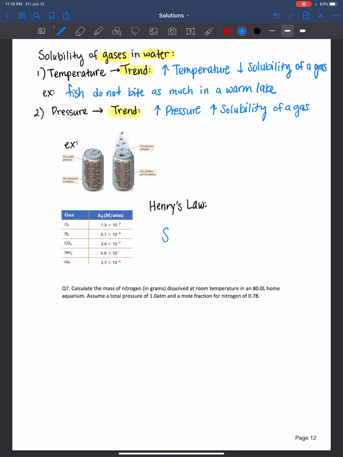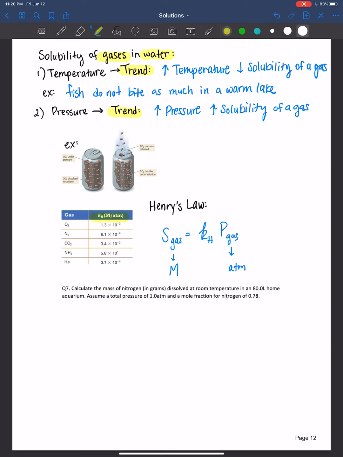The solubility of a gas is equal to Henry's gas constant for that gas times the partial pressure of that gas. The units for the solubility are in molarity, and the units for the pressure of the gas are in atmospheres, mainly because the gas constant shown here is in molarity per atmosphere. So that's where you can get the units there.